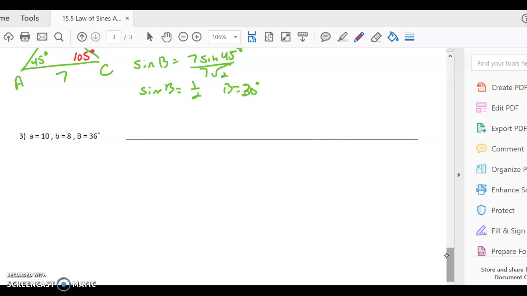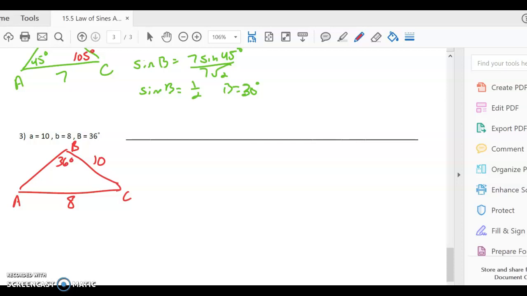If we draw this picture, little a is 10, little b is 8, and angle B is 36. Again, side-side-angle.